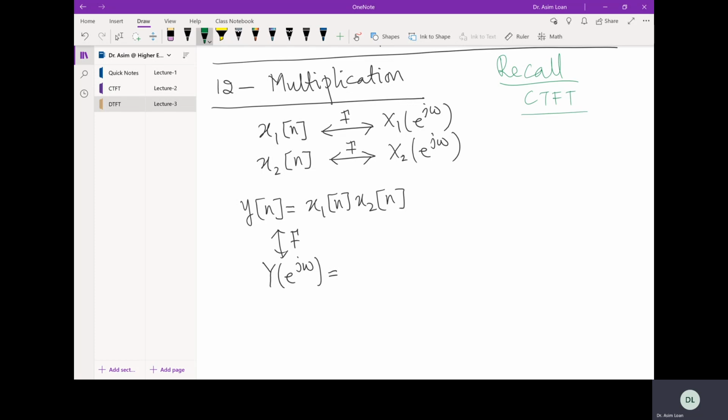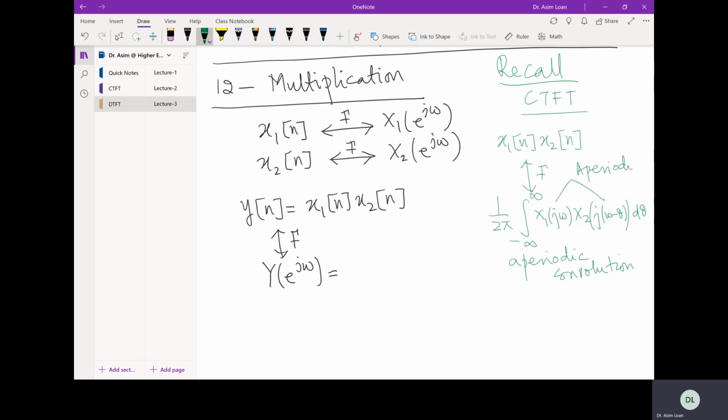There, x1 multiplied by x2 had a Fourier transform 1 over 2 pi, integral from minus infinity to infinity of X1 of j omega into X2 of j omega minus theta d theta. And this was a periodic convolution. Why? Because these are aperiodic, and that's why this integral is from minus infinity to infinity.